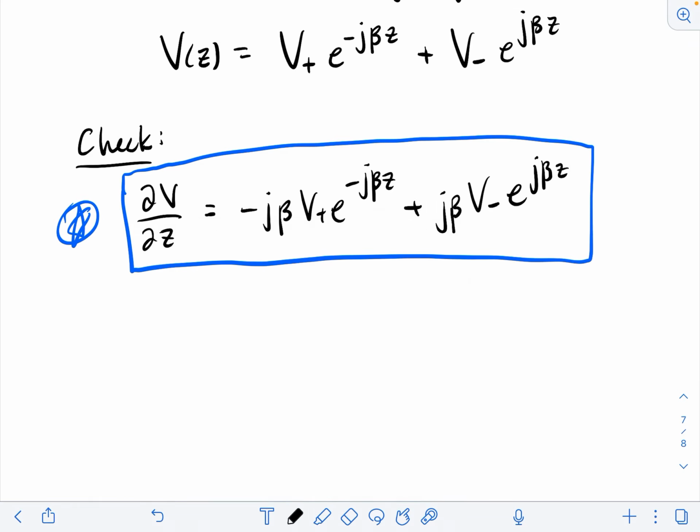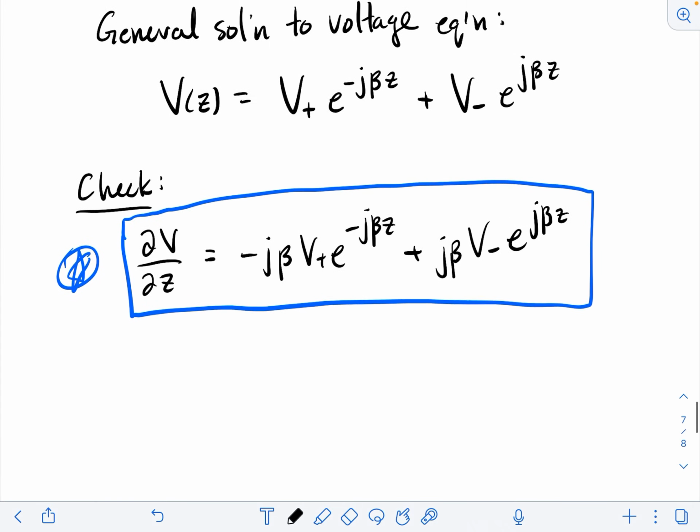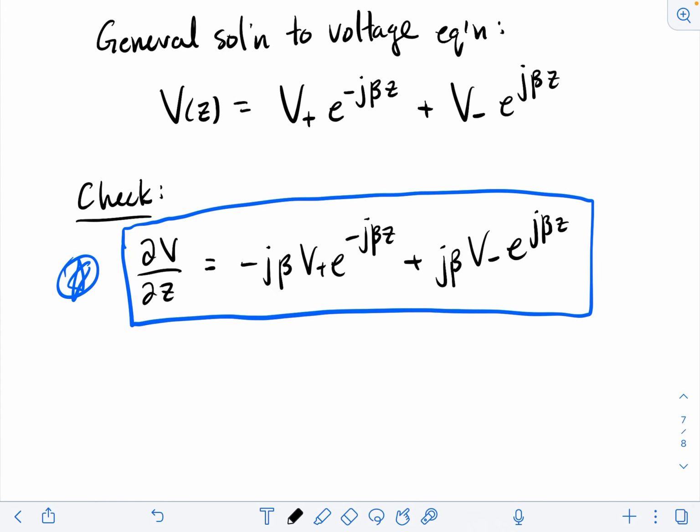We're trying to verify that this assumed solution was a valid solution to the wave equation. And we need to take two derivatives. So let's take the second derivative now.